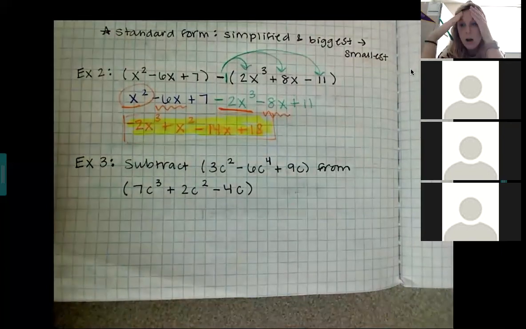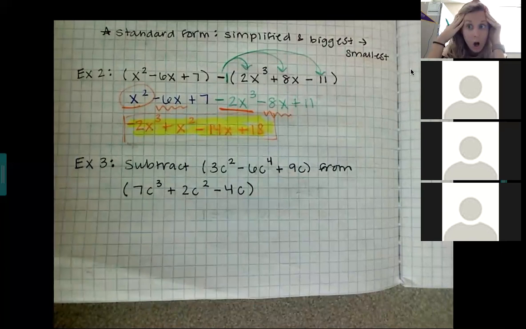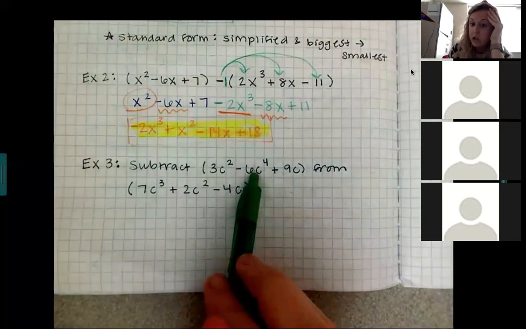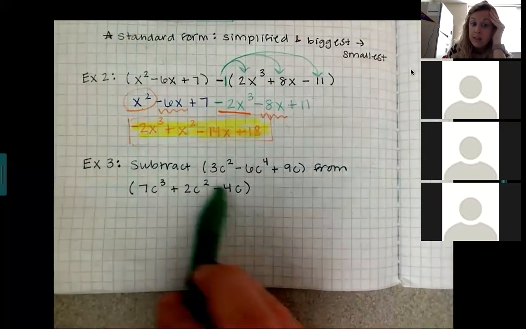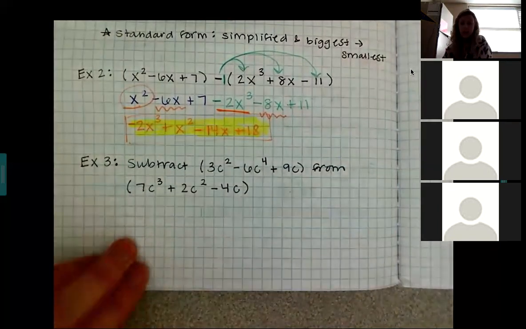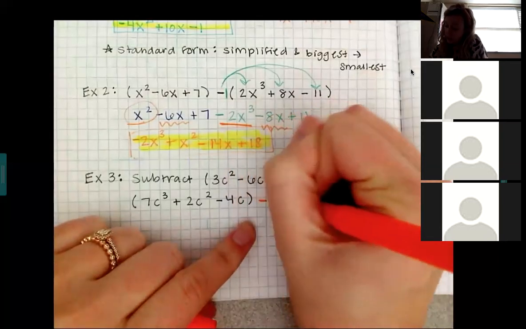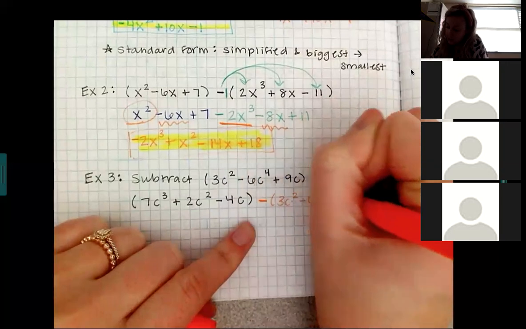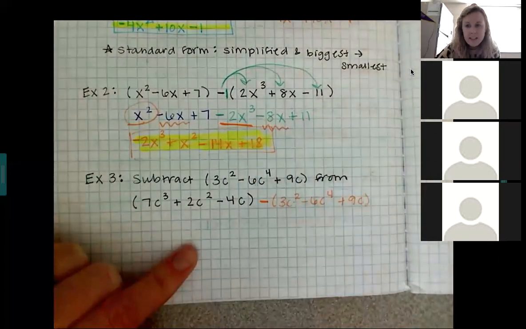Does that make sense? So I said Sean subtracts 2 markers from my 4. So if we subtract this expression from this one, we're starting with 7c cubed plus 2c squared minus 4c, and I am subtracting the 3c squared minus 6c to the 4th plus 9c from it. Does that make sense?